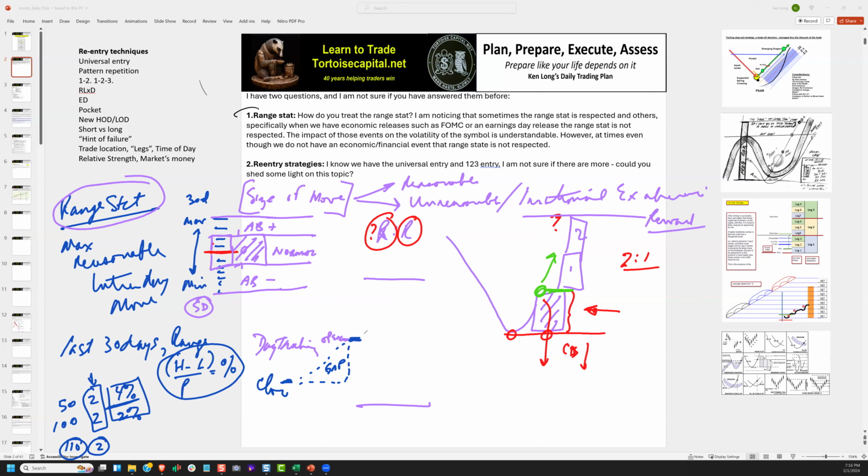I want to have a sense right from the open, what is the maximum reasonable intraday move? And then if I can do that, then I can say that is my playing field.